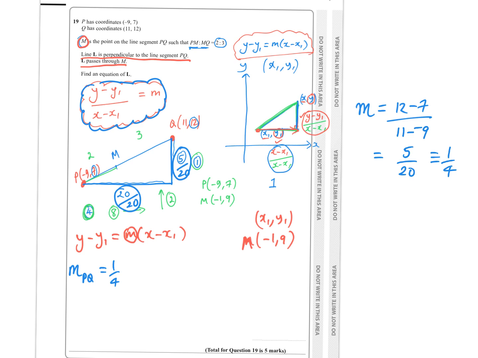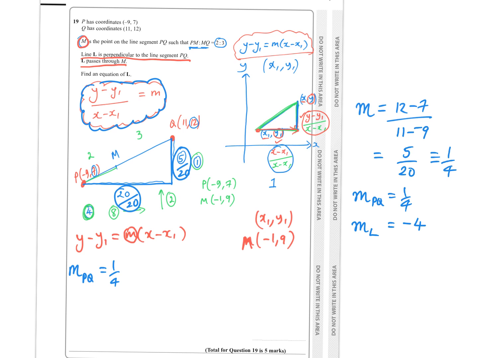Now it says that L is perpendicular, so you should know that if m of PQ is a quarter, i.e. the gradient of PQ is a quarter, then the gradient of the line we want is going to be -4. Because the gradient of a line times the gradient of a line that's perpendicular to it should always equal -1, and there's plenty of videos explaining that.